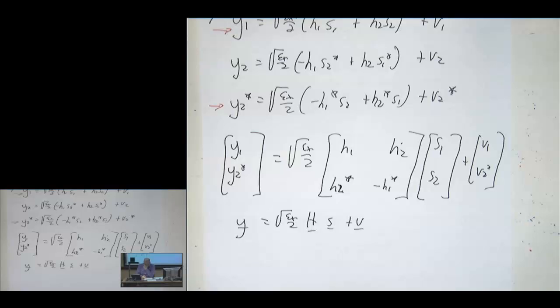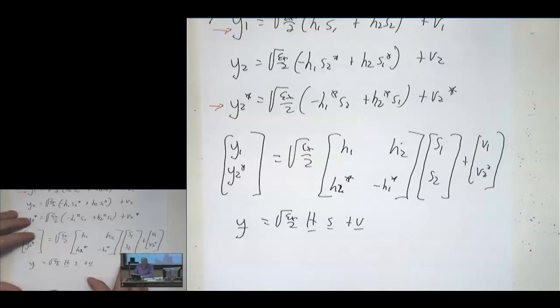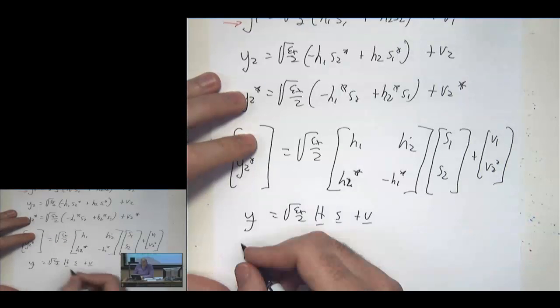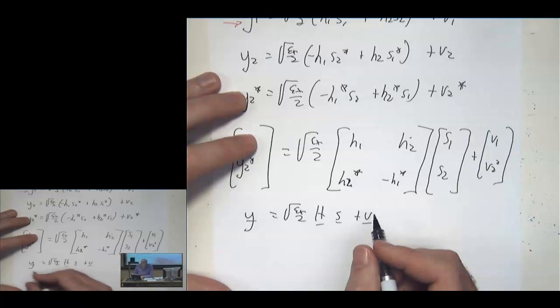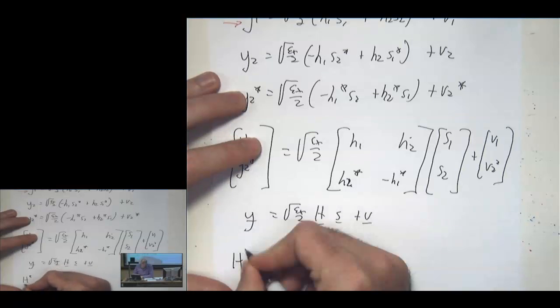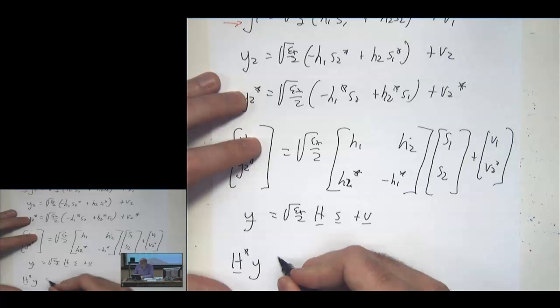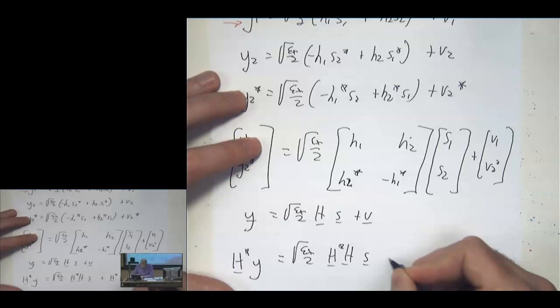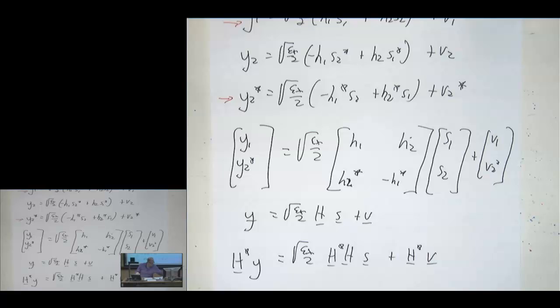So now what we're going to do is go through and multiply through by H conjugate here. Let's look at H star times y, which is going to be equal to square root of Ex over 2 H star H S plus H star V. Now the question was, what is H star H here?